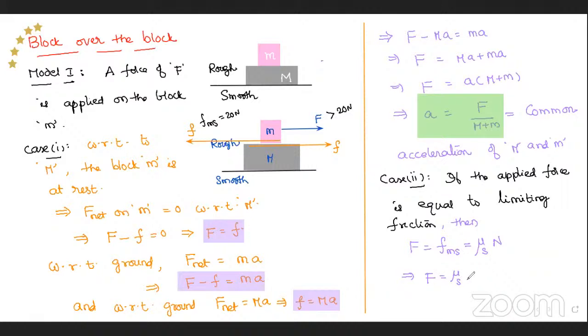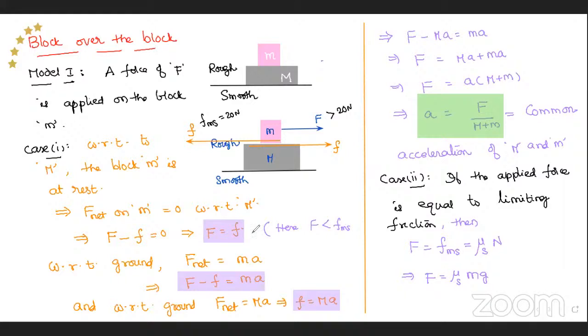So F is equals to mu s into N. N is here. I have to take mg. This is FMS, Nana. Okay, in this case. Whereas previous cases, friction is just nothing but the applied force. Means in the two cases, I can say here applied force is less than FMS.